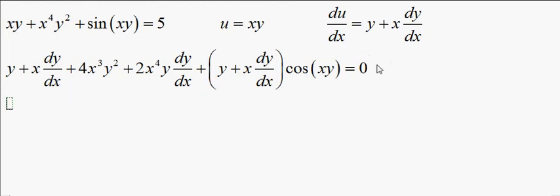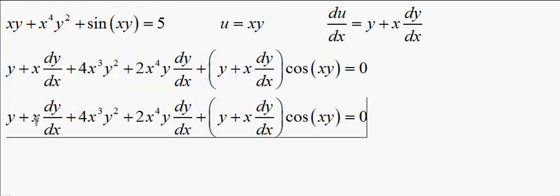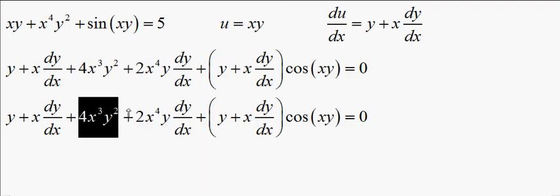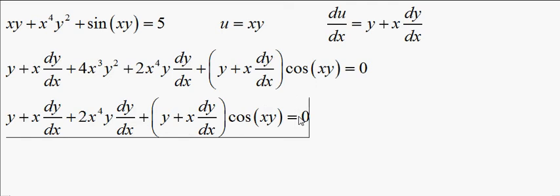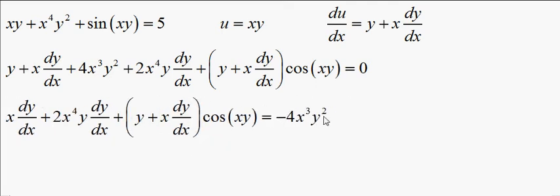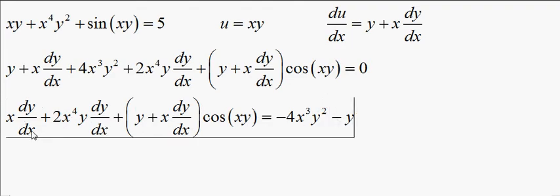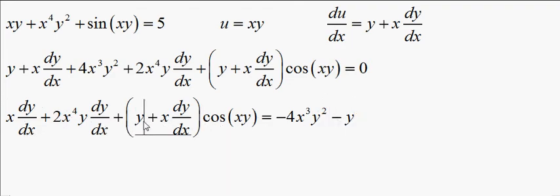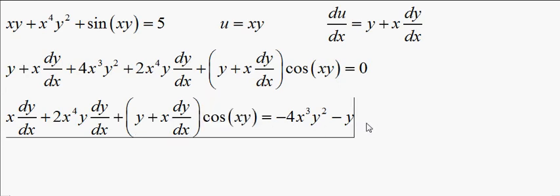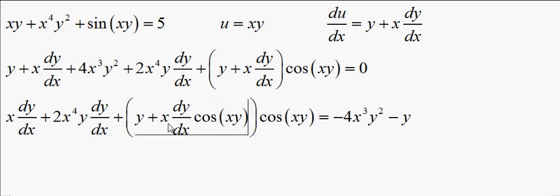So now we could move all the dy/dx terms to the other side. This term right here becomes negative. The y becomes negative. This is going to be y times the cosine of xy. So, let's just distribute this through.